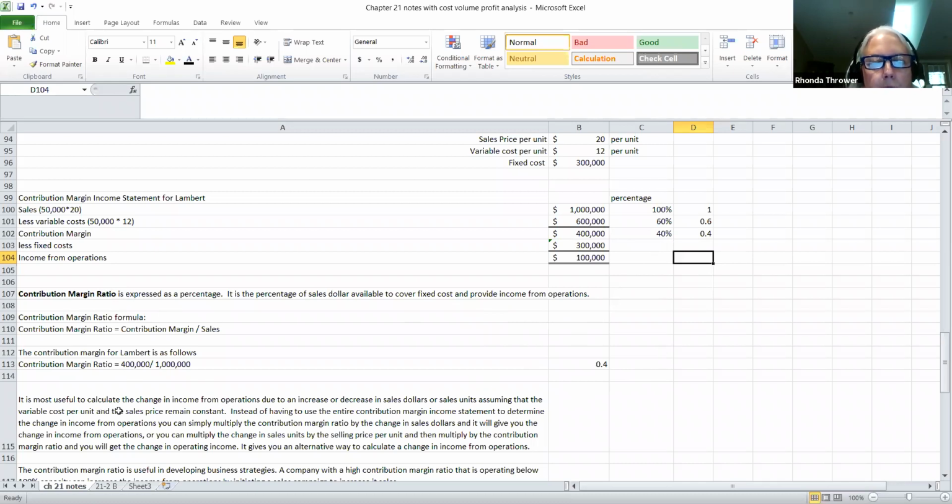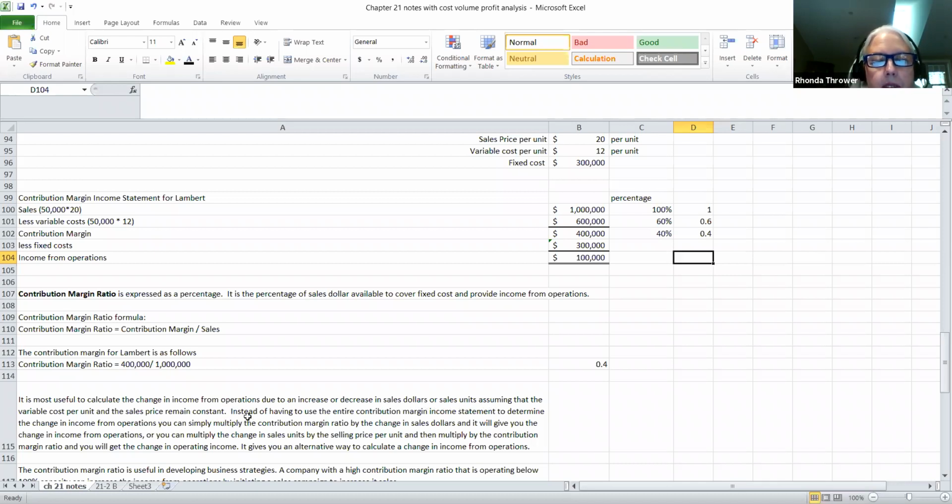It's most useful to calculate the change in income from operations due to an increase or decrease in sales dollars, or sales units, assuming the variable cost per unit and the sales price remain constant.